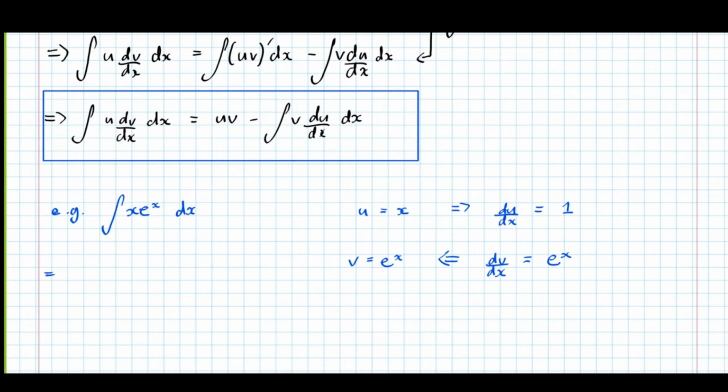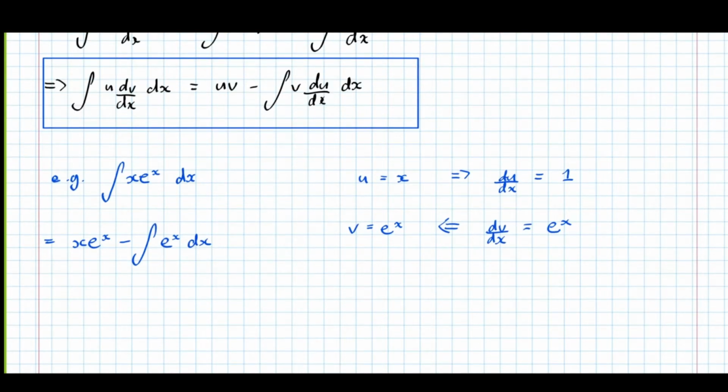So equals uv, so x e to the x, minus the integral of v, e to the x, times du by dx, times 1, so I'm not going to bother writing anything, dx. And that certainly is doable now. Equals x e to the x minus e to the x plus c.